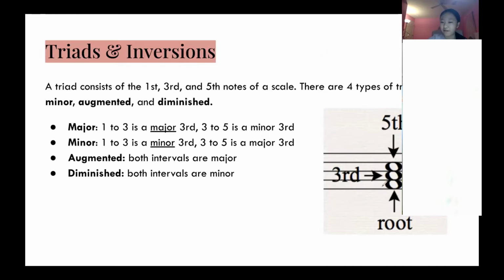Okay, and then last one, which is diminished, both intervals are minor. So if we start from F, a minor third up from F would be A flat. Since A is in the major key of F, we lower it a half step to A flat. Now we have a minor, but we're doing diminished right now, which means this interval also has to be minor. So a minor third above A flat would actually be C flat.